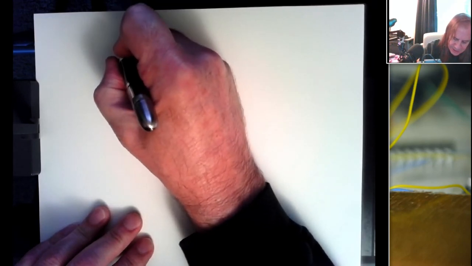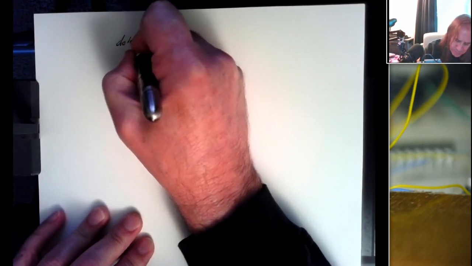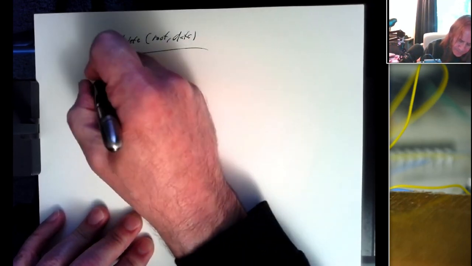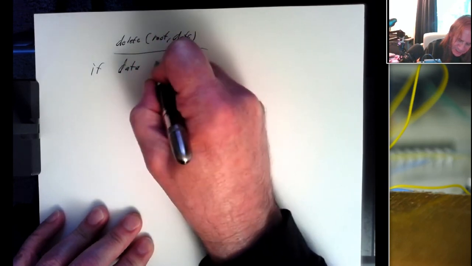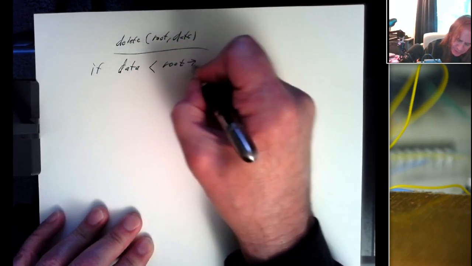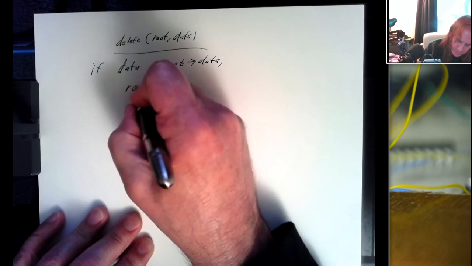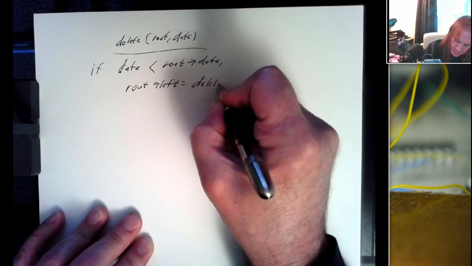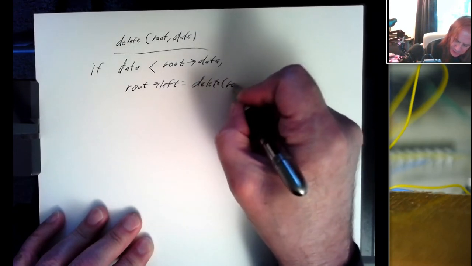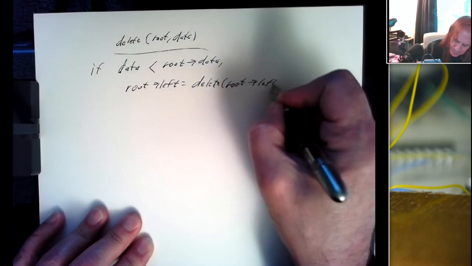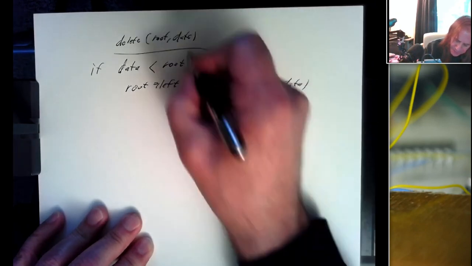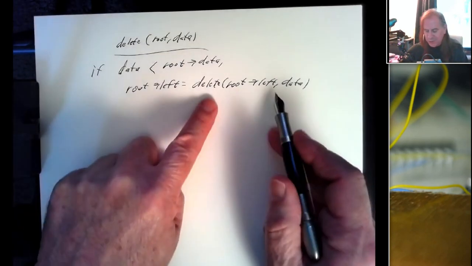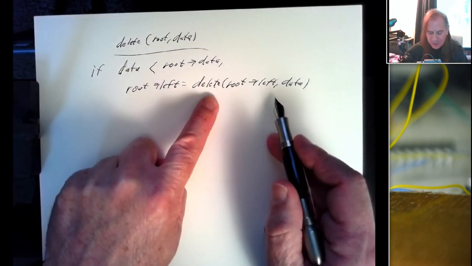So let's just say delete root, comma, data. If data is less than the root data, let's call delete on the left subtree. Delete data from that. And then whatever we get back, let's make the left subtree that modified left subtree.